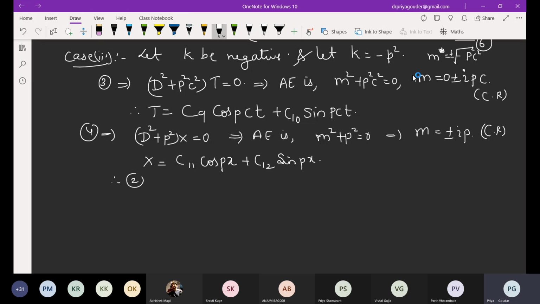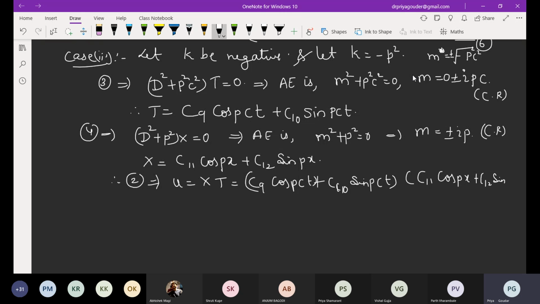Substitute in equation 2, u equal to XT: that is, (C9 cos of PCt plus C10 sine of PCt) into (C11 cos of Px plus C12 sine of Px). No other case than this. Take it as equation 7. So equations 5, 6, 7 give you the possible values.